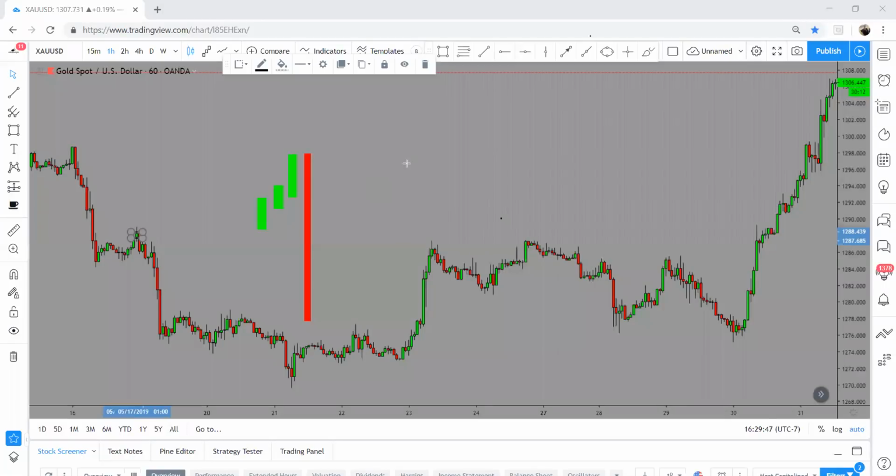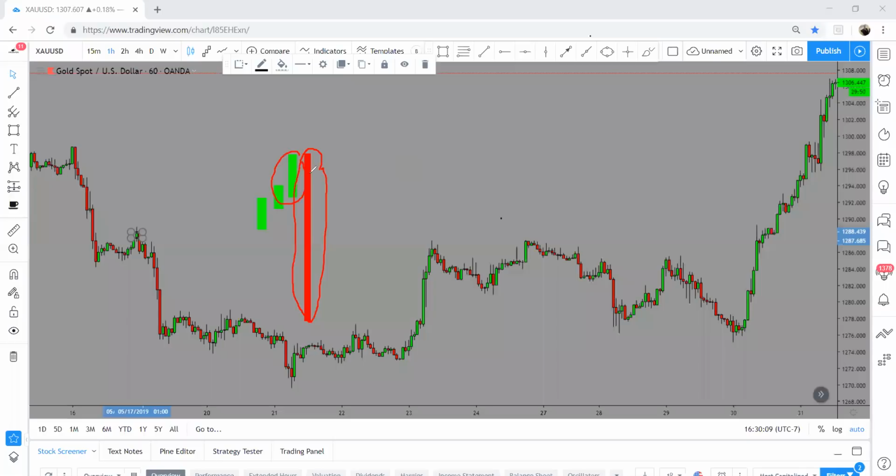What that means essentially is the market reached a certain point where all the sellers came and took over the market. This right here is a large candle. This right here is your supply zone.